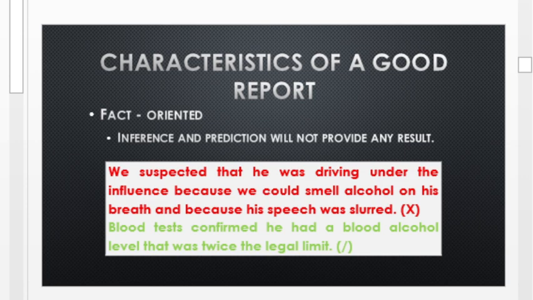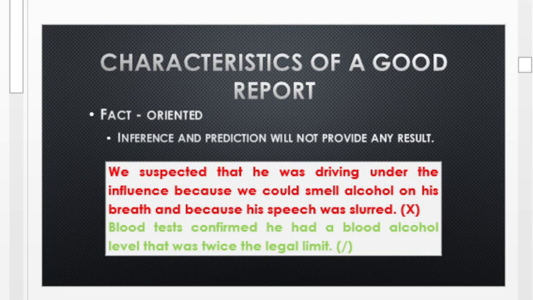Also, a very good report involves fact-oriented information, because otherwise it will lead to inferences and predictions that will not provide any result. Means to say, what you're saying is according to fact.